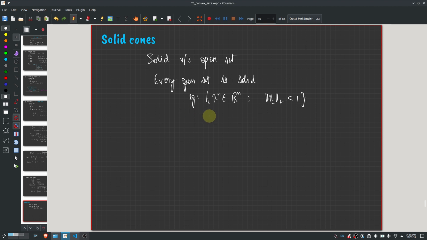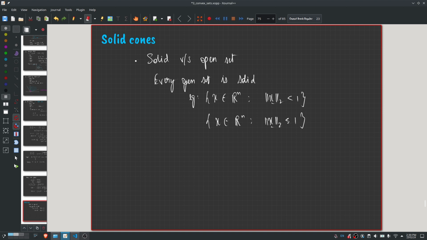Now, what about the set of x in Rn such that the norm of x is less than or equal to 1? What kind of set is this? It's a closed set, but is it solid? It is solid.